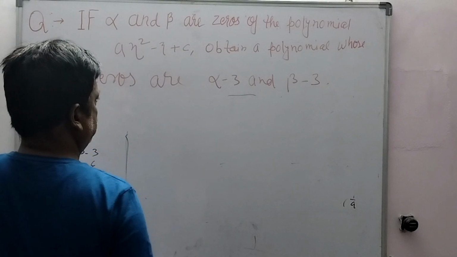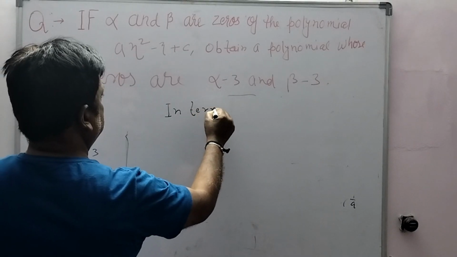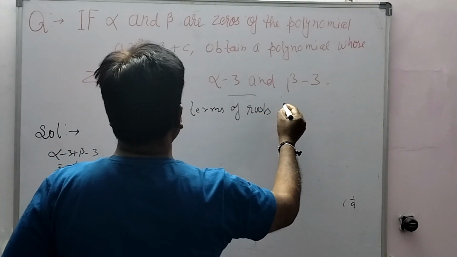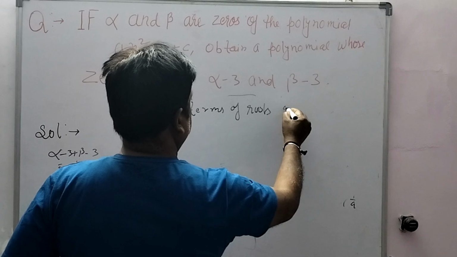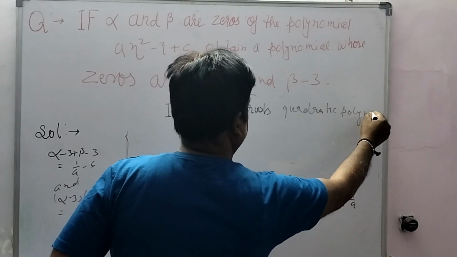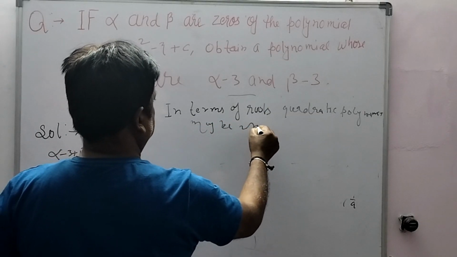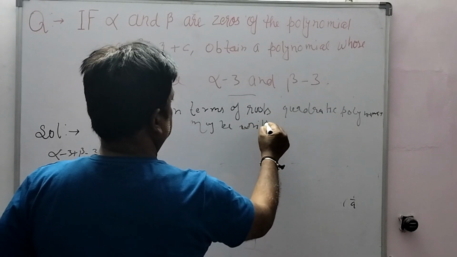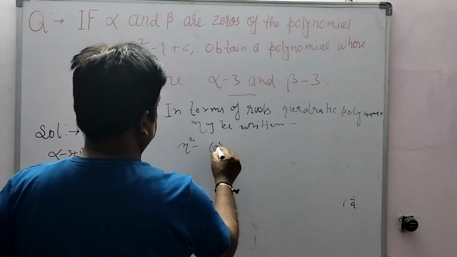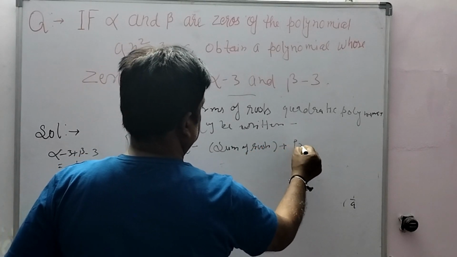We know that any quadratic polynomial in terms of roots may be written x square minus sum of roots x plus product of roots.